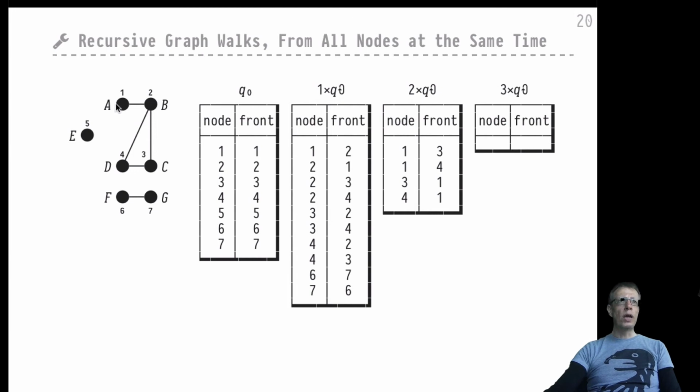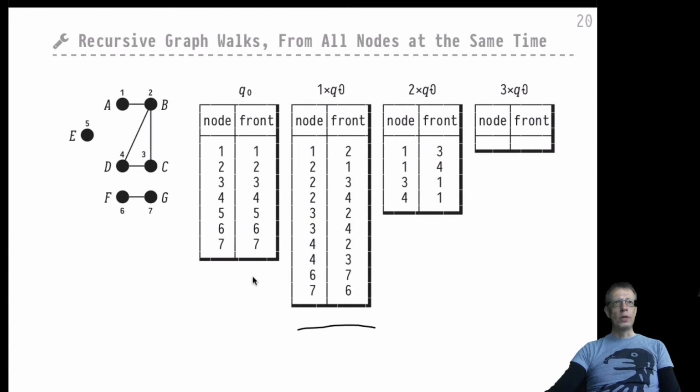So A can of course reach B, B could reach D, and B could reach C. So what we see in the first iteration is just the graph relation, the 10 rows of the graph relation that the system discovers here. These are really the 10 new nodes that have been discovered in this first iteration, and they would be added to the nodes that we have found so far.